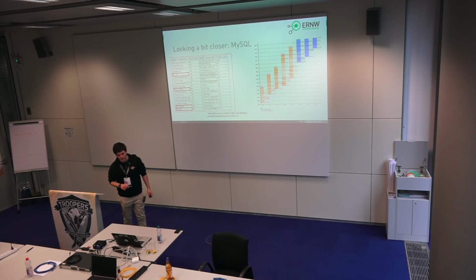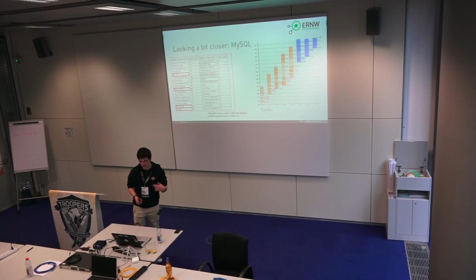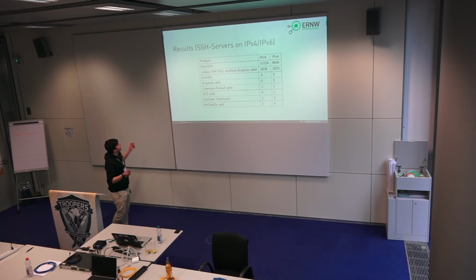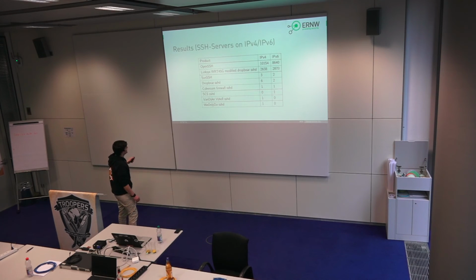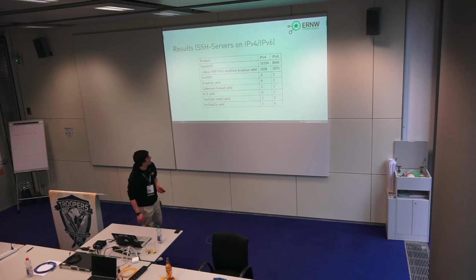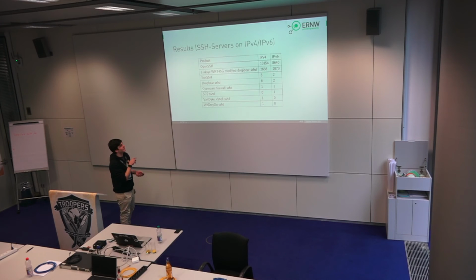The next thing I did was to have a closer look at the SSH servers I found, because as you saw in the other slide, SSH is the most used port on IPv6 and the second most used port on IPv4. So OpenSSH is the most used SSH server on both IPv4 and IPv6. The WRT45 modified Dropbear SSHD, I'm not sure if Nmap was able to identify that correctly, but it seems about correct.